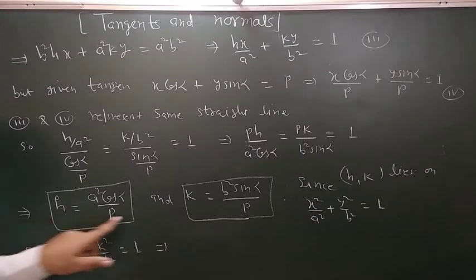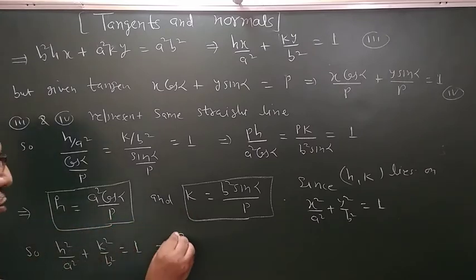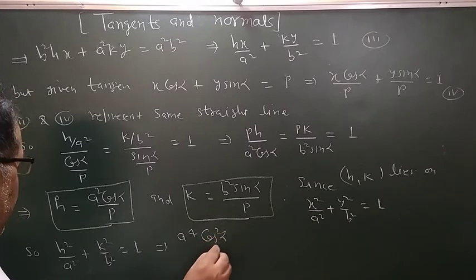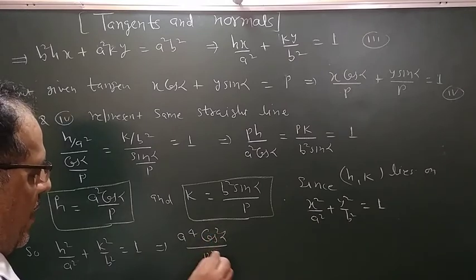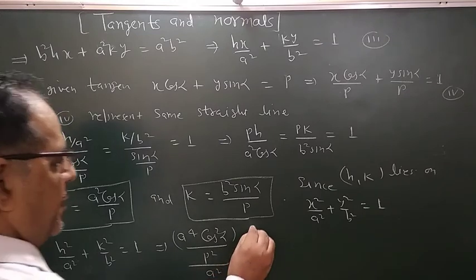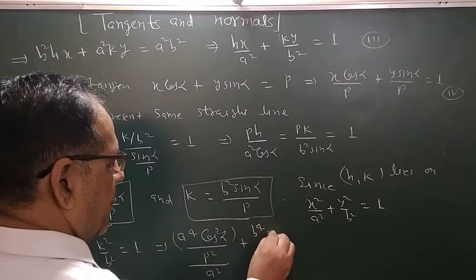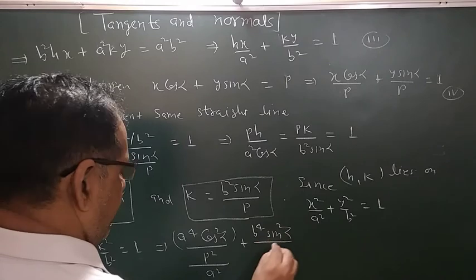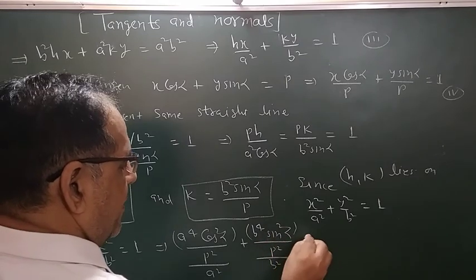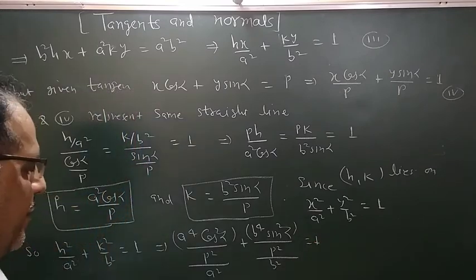Now put the value of h and k there. So we have a to the power 4 cos square alpha upon p square, whole upon a square, plus b to the power 4 sin square alpha upon p square upon b square equal to 1.